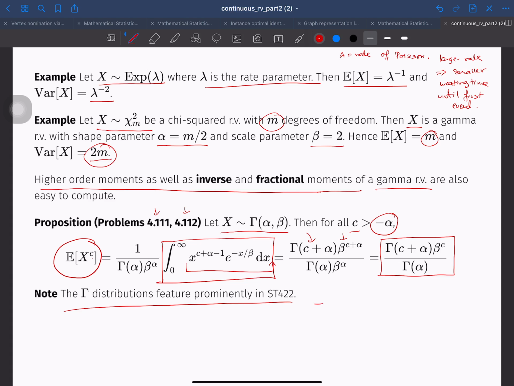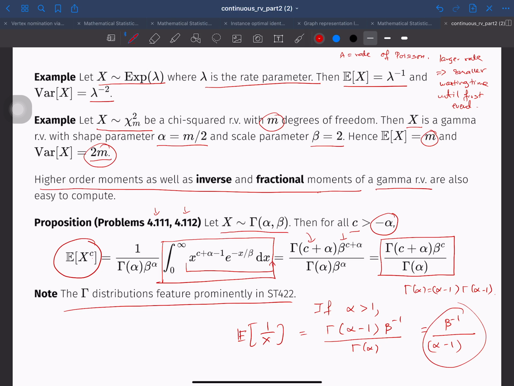So for example, if alpha is bigger than 1, then you could just say that the expected value of 1 over x for a gamma is nothing but gamma of alpha minus 1 times beta to the minus 1 divided by gamma of alpha, and so that is nothing more than beta to the minus 1 divided by alpha minus 1, due to the fact that gamma of alpha is alpha minus 1 times gamma of alpha minus 1.